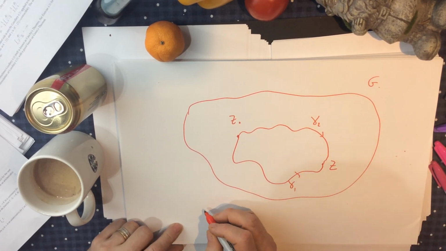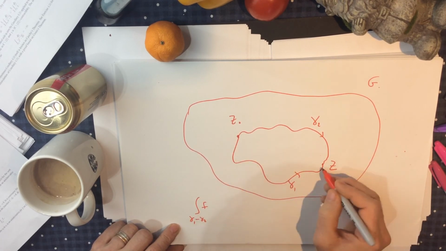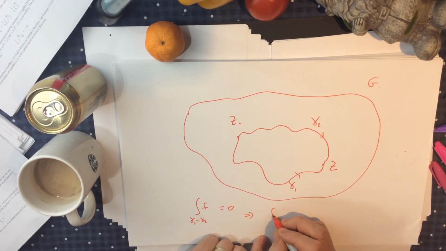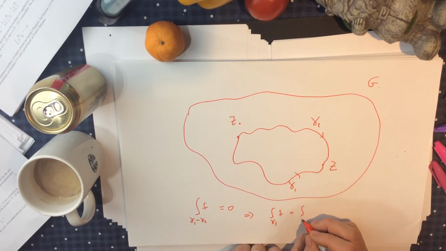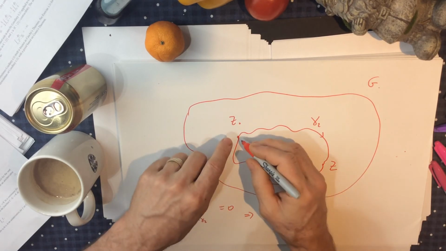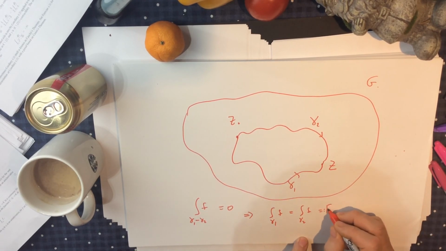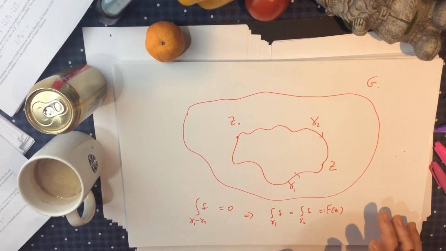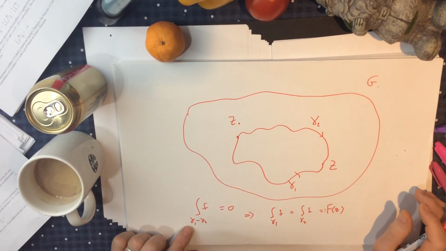Let's observe that the integral of f over gamma 1 minus gamma 2, which means go this way and then go backwards there, is going to be 0, which implies that the integral over gamma 1 of f will be the same as the integral over gamma 2 of f. So it doesn't matter which path you take from z naught to z, this is your defined value of F of z. You may pick any gamma that's inside of G to do this. So the function is well defined. That's important. It doesn't matter which path you take, but you must stay inside of G.